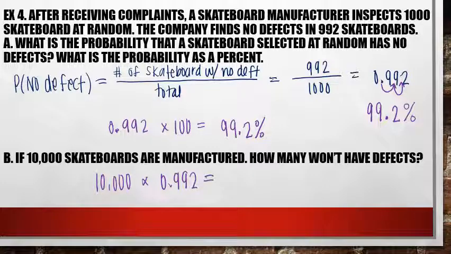And then go ahead and plug that into your calculator. So in total, if you produce 10,000 skateboards, you should have 9,920 with no defects.